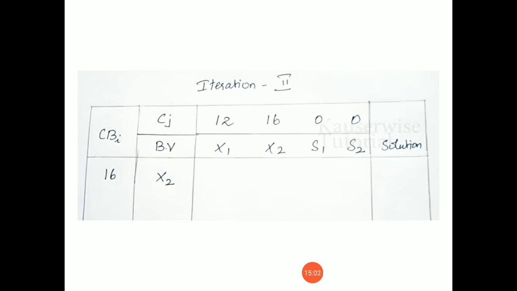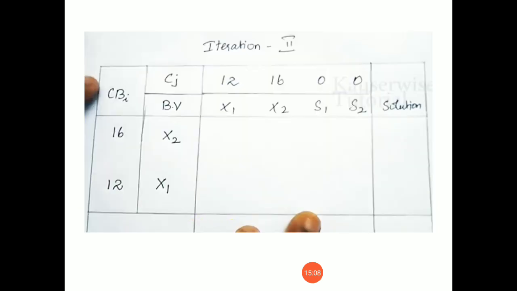So I have written 16 corresponding to x2 in the CBI column. And as I've told you, x2 and x1 I'll write in the basic variables column. So I've written x1 here, and corresponding to x1, the value in the CBI column is the coefficient of x1 in the objective function.